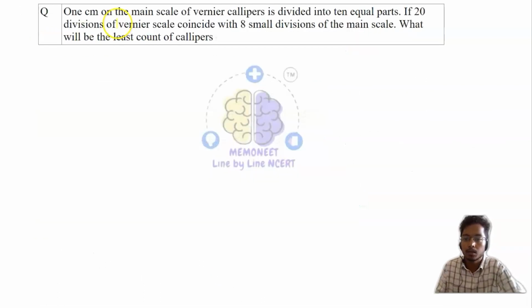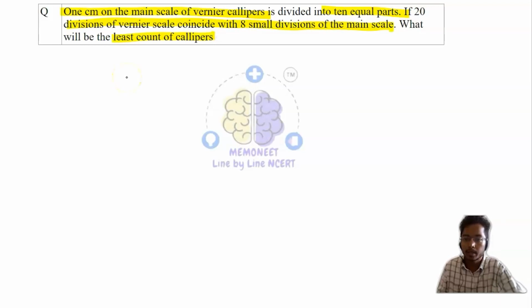Question here: 1 centimeter on the main scale of vernier calipers is divided into 10 equal parts. 20 divisions of the vernier scale coincide with 8 small divisions of the main scale. What will be the least count of the calipers?